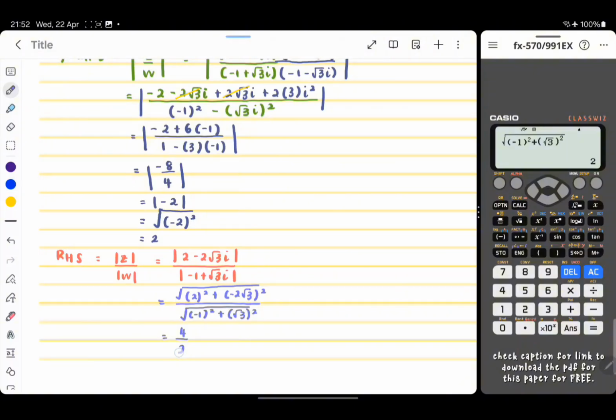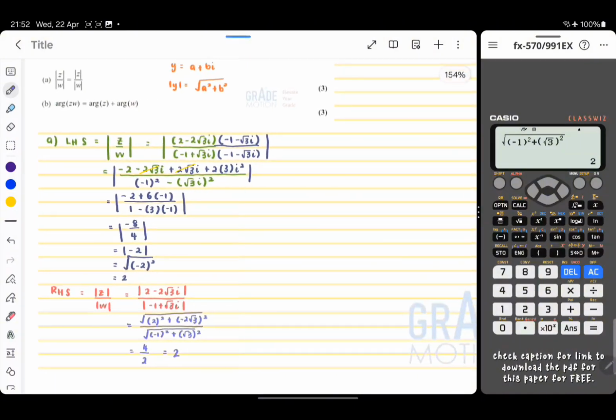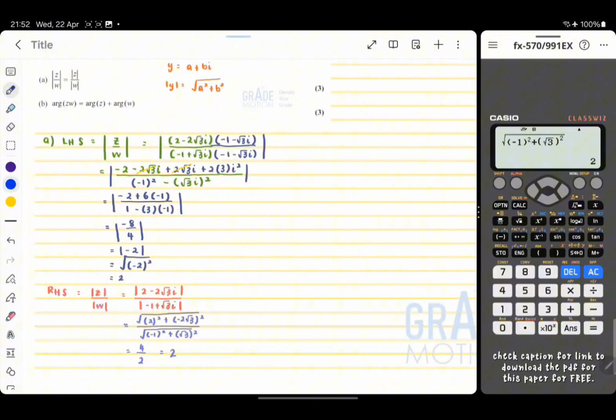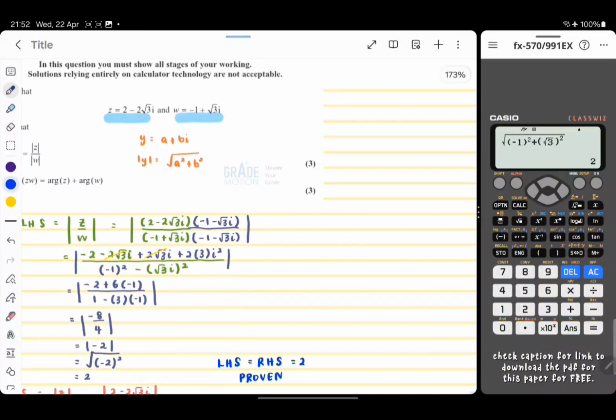So that would be 2. So 4 over 2 is also 2. Notice that both our left hand side and right hand side have the same value. So we have already proven this. Left hand side is equal to right hand side, which is equal to 2. So proven. Done. Let's move on to part B.